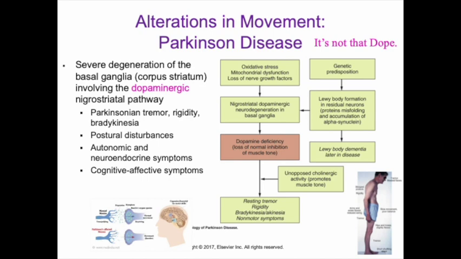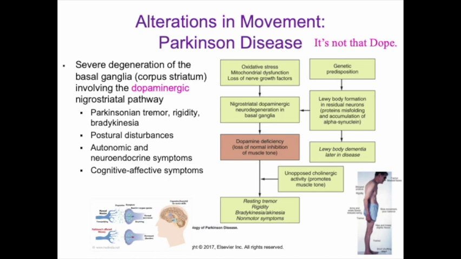If you're forgetting what this terminology means, I would go back a few slides to the different movement syndromes. And you're also going to see postural disturbances, both autonomic and neuroendocrine symptoms, and cognitive affective type symptoms as well. The classic motor manifestations of Parkinson's are bradykinesia, tremor at rest, rigidity, and postural abnormalities.